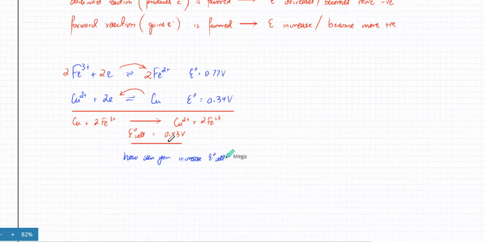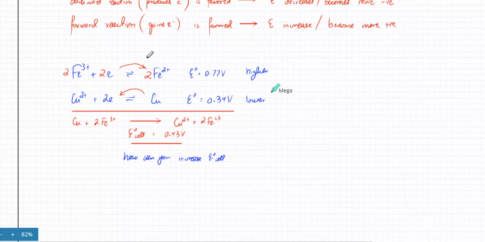You can increase the E naught cell by increasing this potential and decreasing this potential, right? So you want to make this higher, and you want to make this even lower. Basically, you want this to go in the forward direction even more, and this to go in the backward direction even more. So what changes could you make to do that?